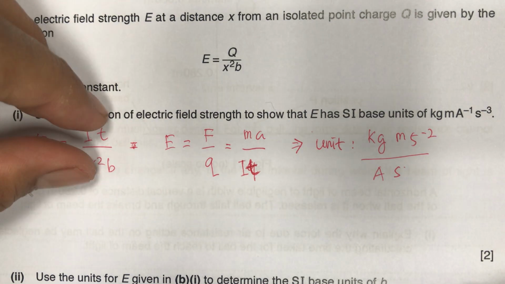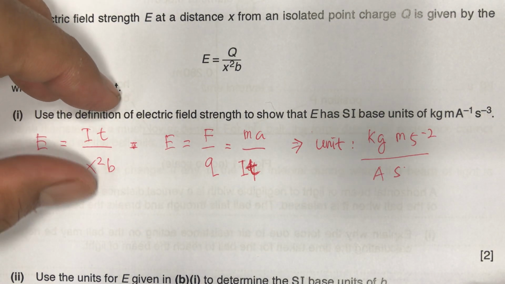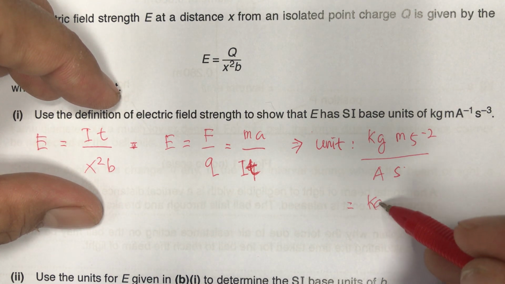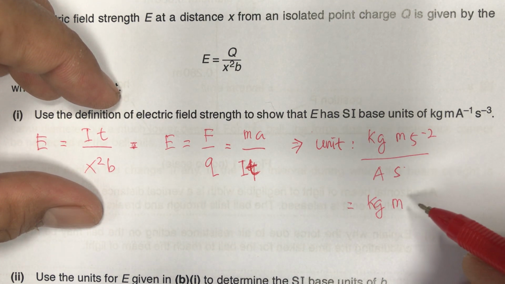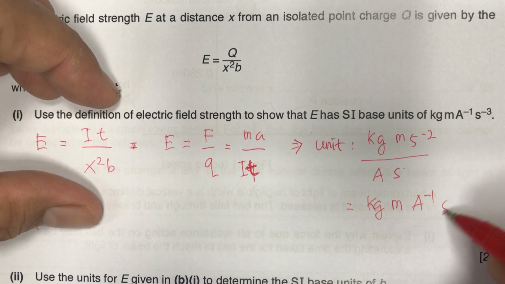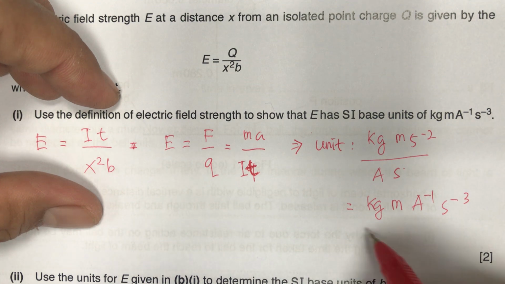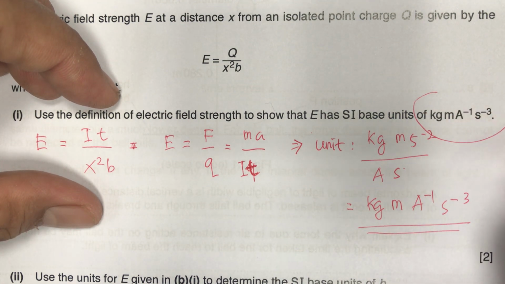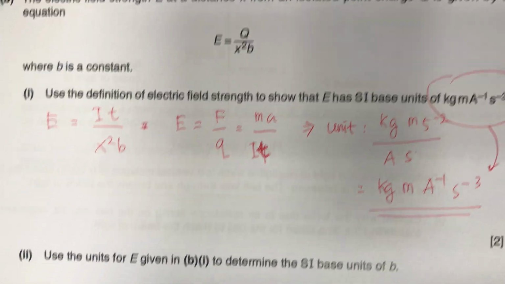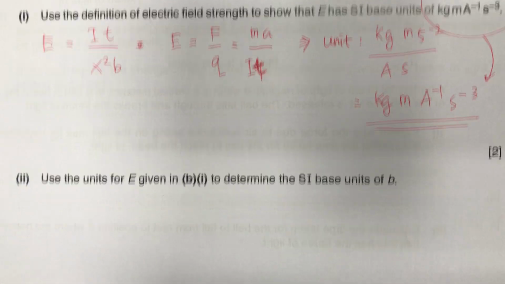So we can say this is kilogram meter ampere minus 1 second minus 3. Yes, this is the same as the given unit. Okay, continue to the next number.